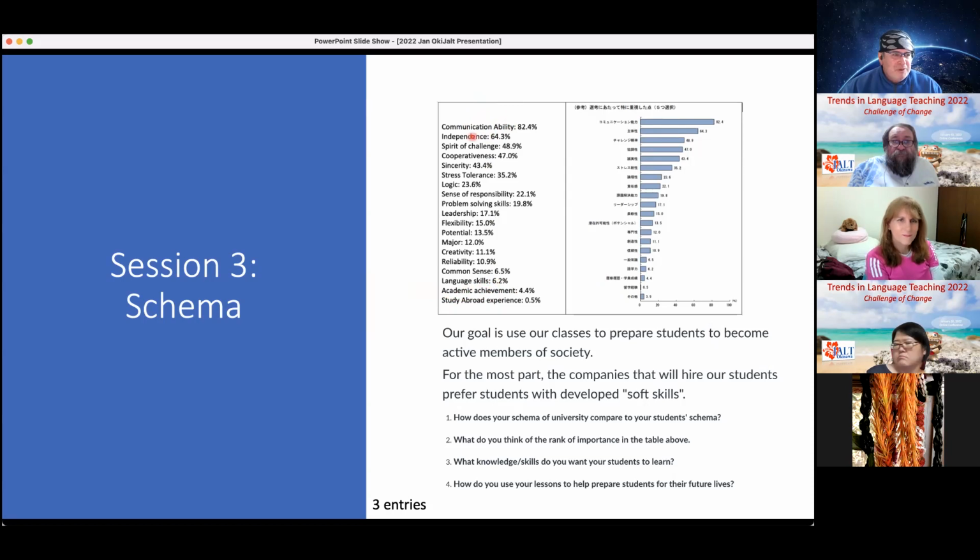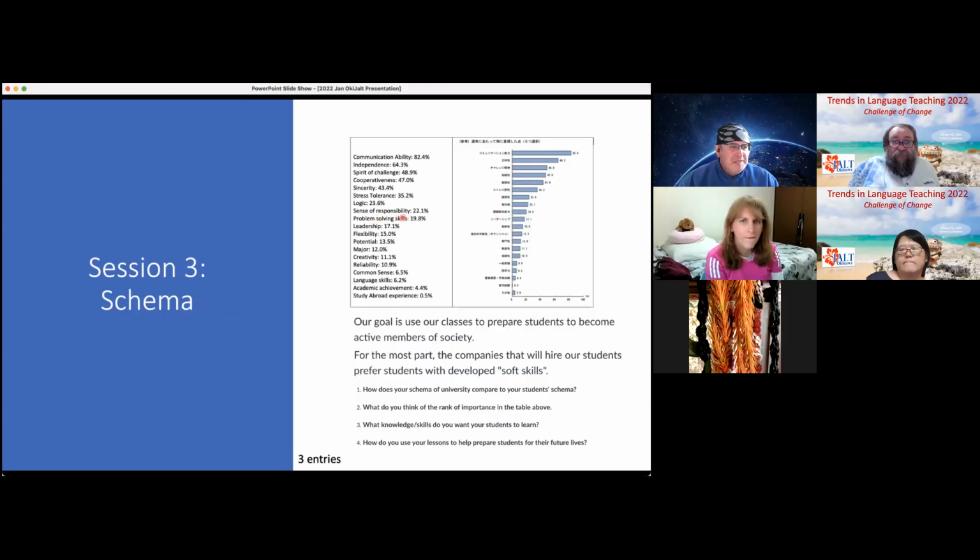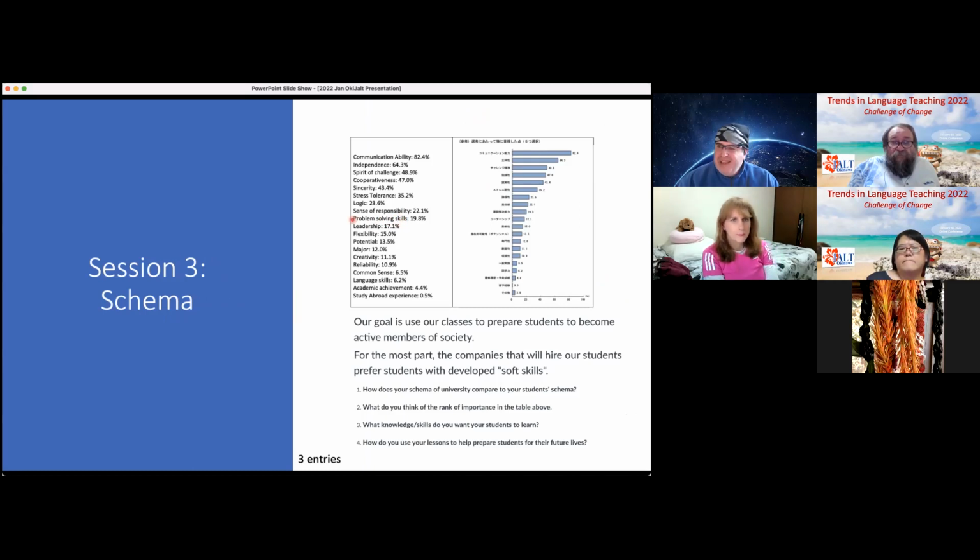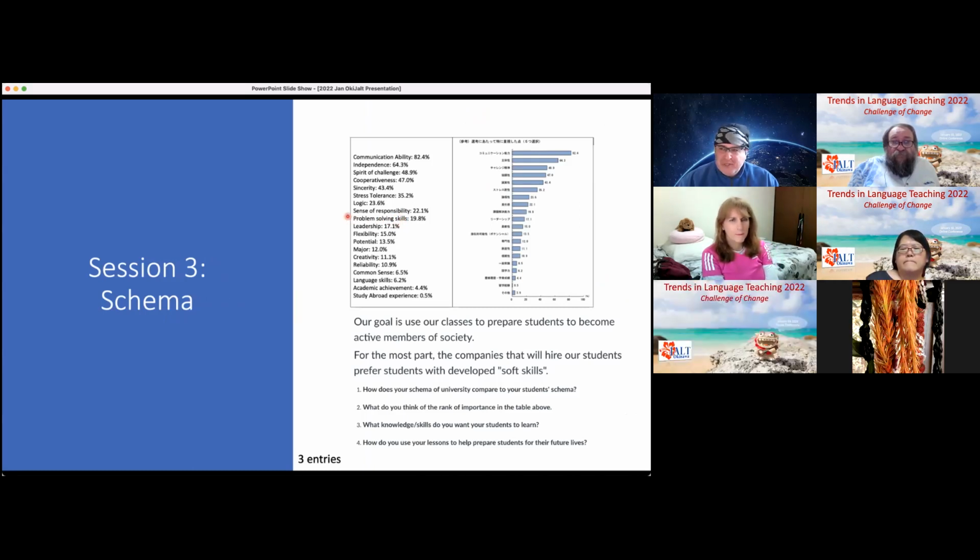Most of what they're looking for is communicative ability, responsibility, problem-solving skills. And these are not really related to any specific subject matter. They're just related to how students can perform. In fact, subject matter, again, was very, very low, 4.4%.